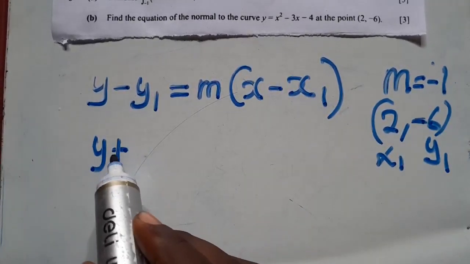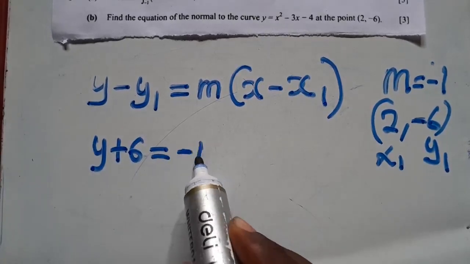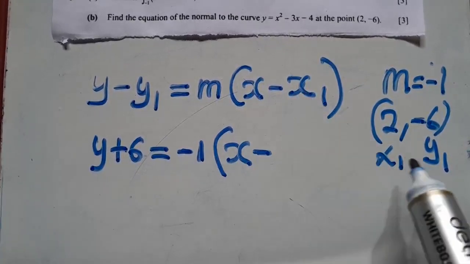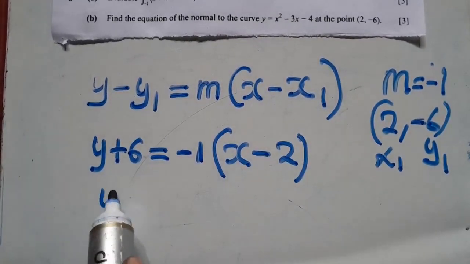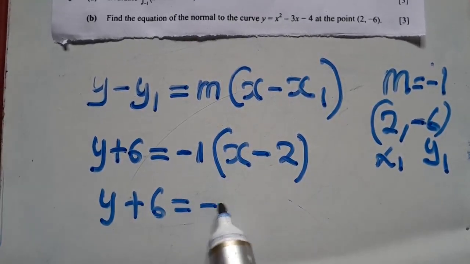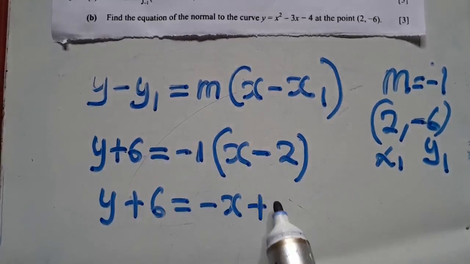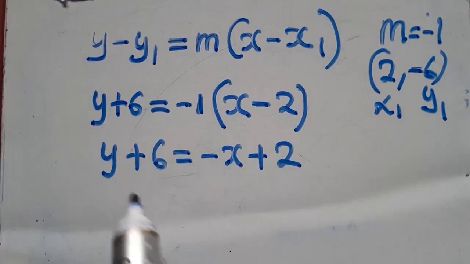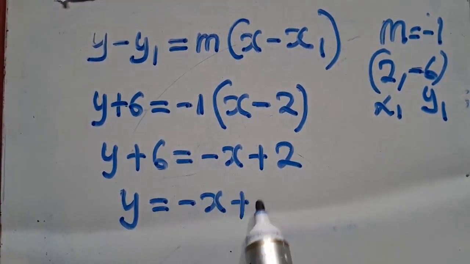This negative becomes a positive here, which is equal to the gradient, -1, times x minus x1, which is 2. So y plus 6 is equal to -1 times x, -x, and -1 times -2 is +2. Then you continue and say y is equal to -x plus 2.